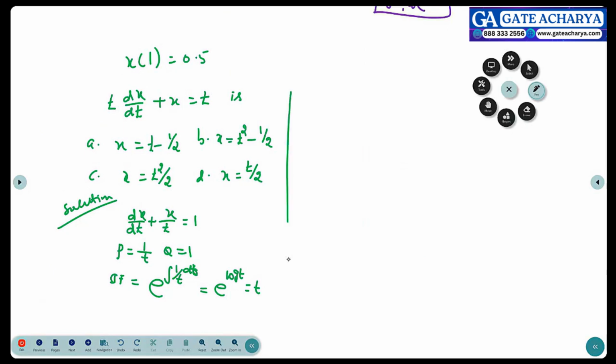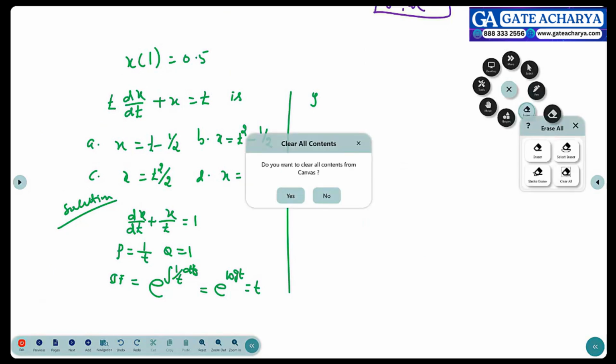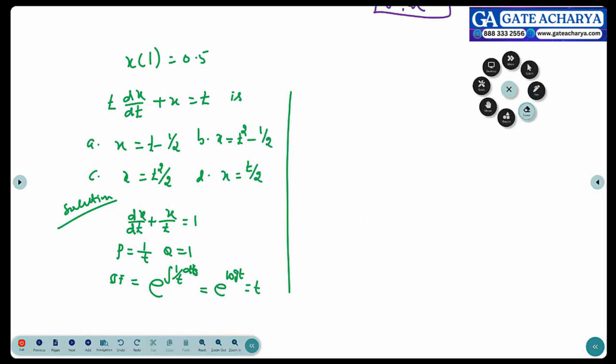Therefore, the solution is y into integrating factor, but it is not y here. Instead of y, x. So the solution is x into integrating factor, t, equal to integral of q into integrating factor dt. q is 1, so integral of t dt plus c.